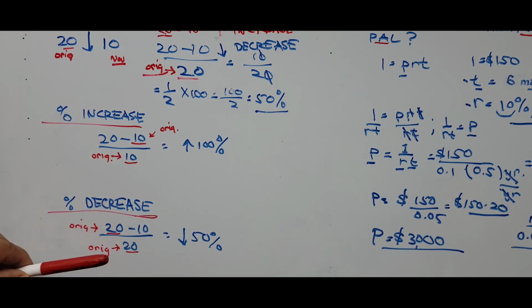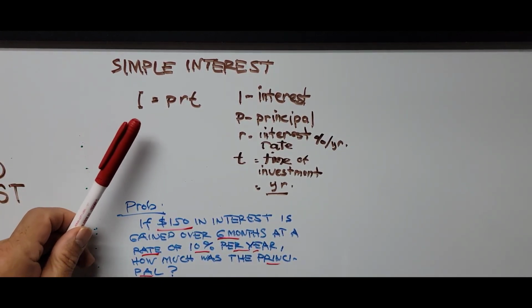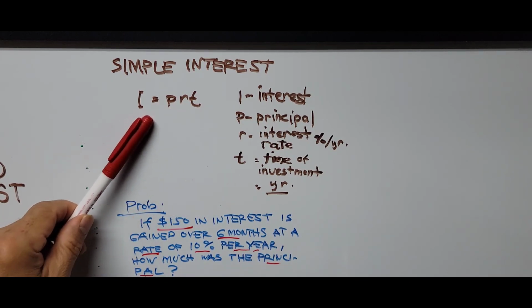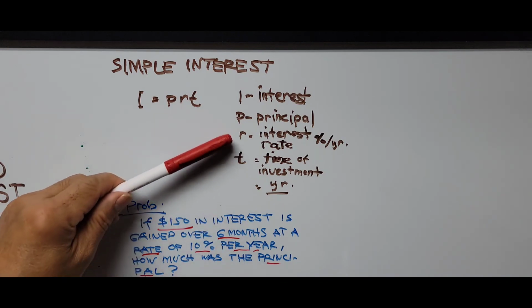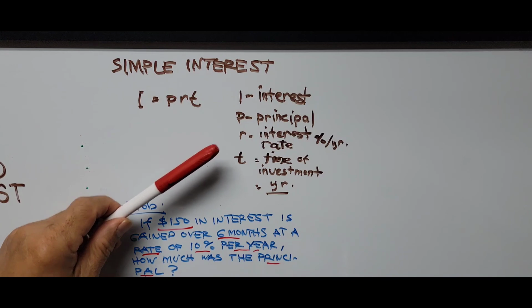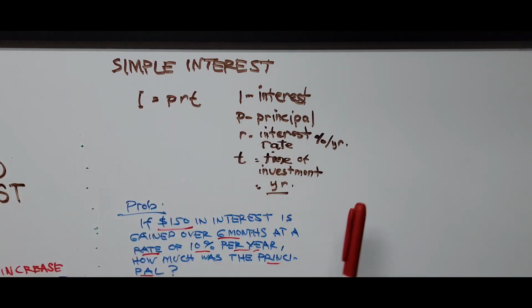All right, and the last part is simple interest, where we have the formula I equals PRT, and these are all variables. Take note of the units of rate and time. Whenever the rate of interest is expressed in percent per year, the time must follow.